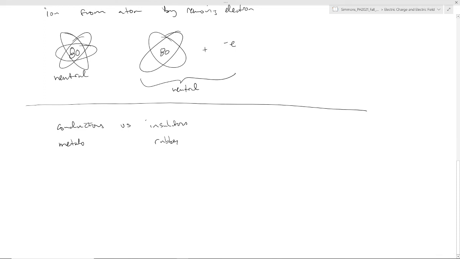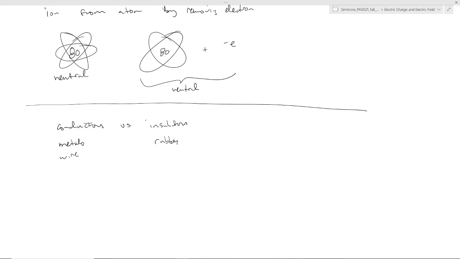The go-to example is that wire is made of metal, but the insulation around the wire is made of rubber or something else. So that's another important definition. This will become more relevant when we start talking about problems, and the ability for charge to move around will be an important idea, especially with regards to metal objects.